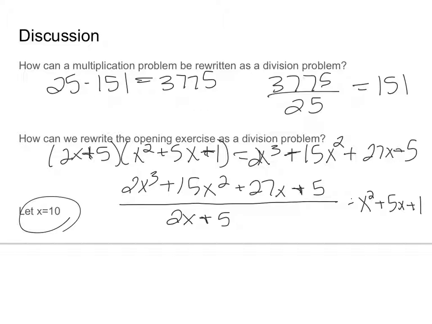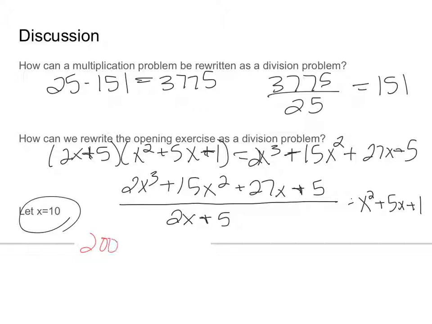Now let x equal 10. So everywhere I see x, I'm going to put 10. So that'd be 2,000 plus 150 plus, actually that's 1,500. Let's erase that. Oh my goodness, I did it again. Okay, sorry about that.